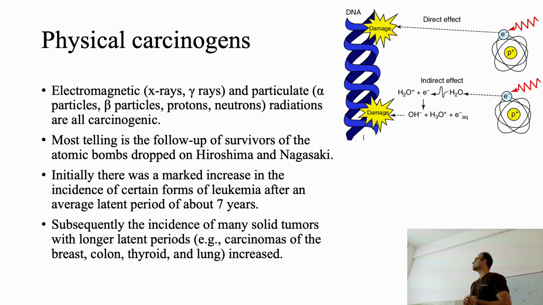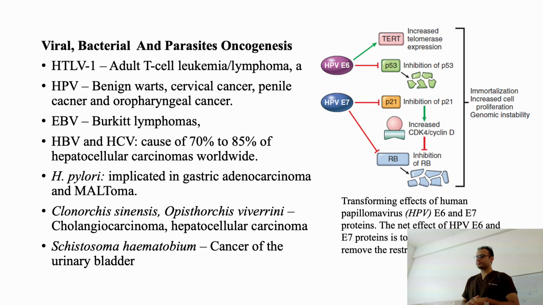This radiation has direct DNA damaging properties. If the DNA damage is not checked by the genes that we talked about earlier, it will go on and further proliferate into full-blown cancer. This is the carcinogenesis sequence for the viral, bacterial and parasitic oncogenesis.